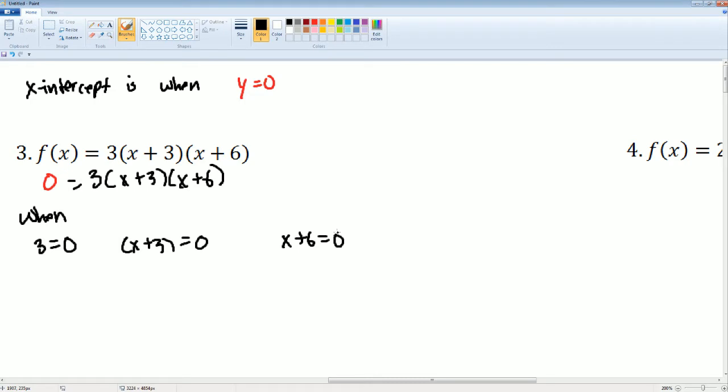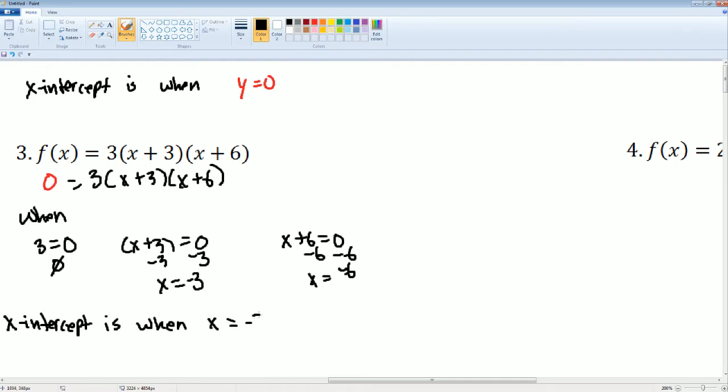That is the case when this just becomes 0. Minus 3, so x is equal to negative 3. Minus 6, x is equal to negative 6. So we could say the x-intercepts are when x is equal to negative 3 and x is equal to negative 6.